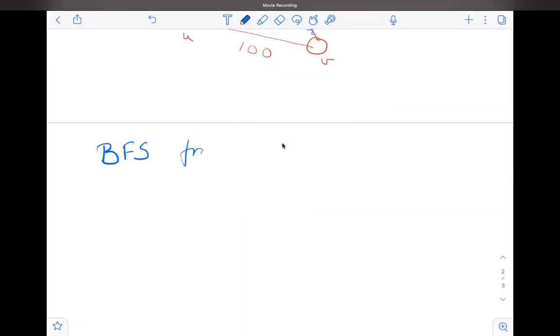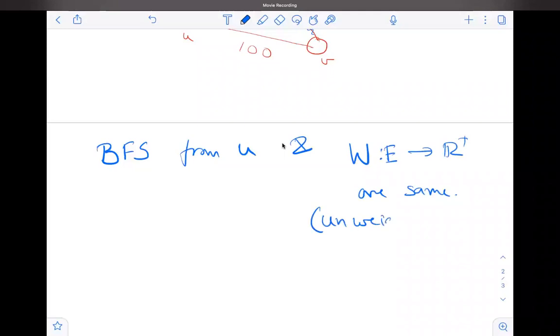So you are saying that if you do BFS from U, and this is important, all the weights are the same, meaning all the weights are say 1. So basically in some sense you can think of this to be unweighted, because if all the weights are the same, then what is the reason of giving weights?